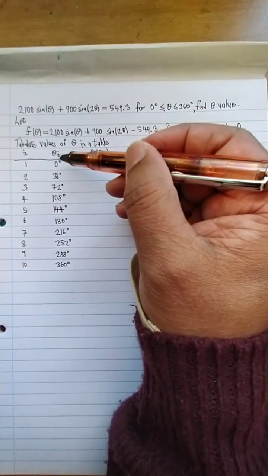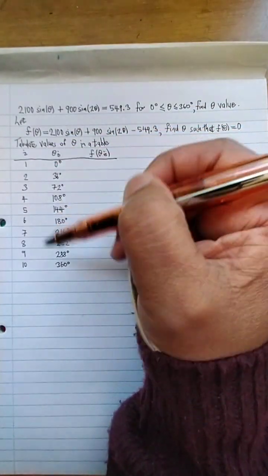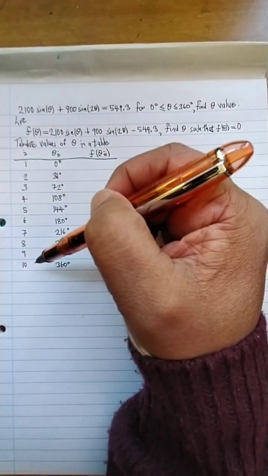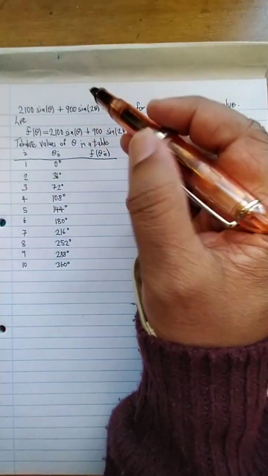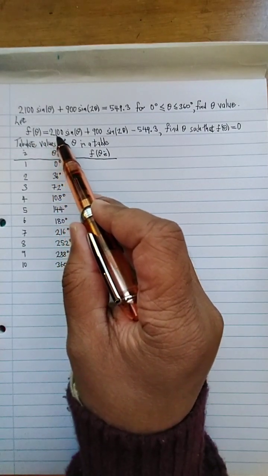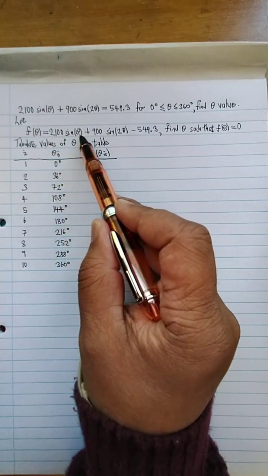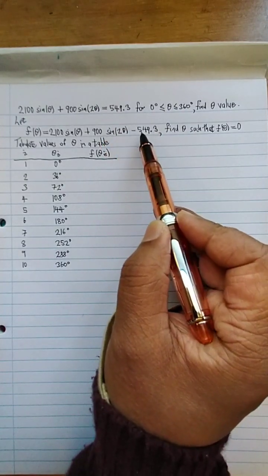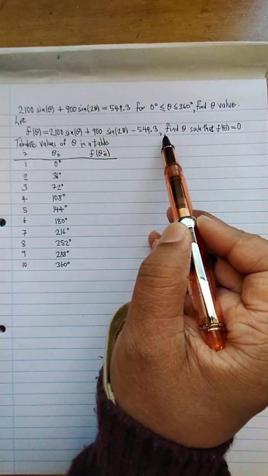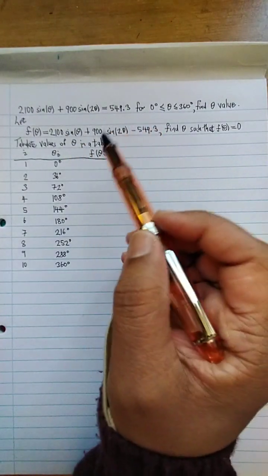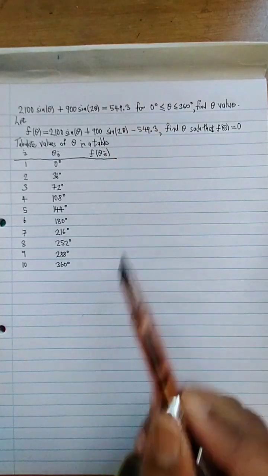So I've taken the range from 0 degrees to 360 degrees. I've taken 10 points in between, and then I want to work out the value for f of theta, which is 2100 times sine of theta plus 900 times sine of 2 theta minus 549.3. So I need to work out the value, and then I'll tabulate the values.